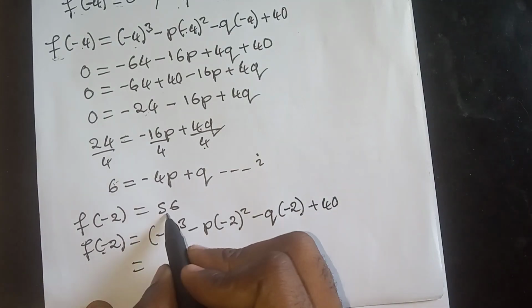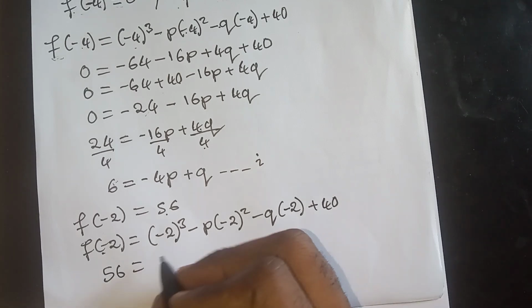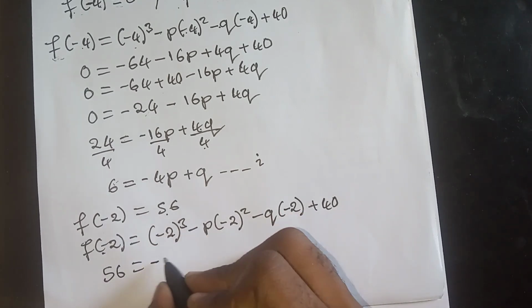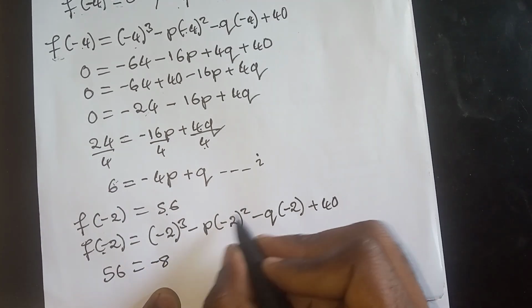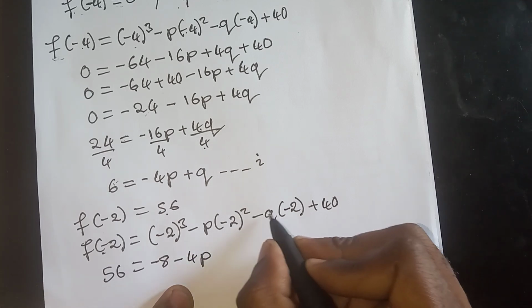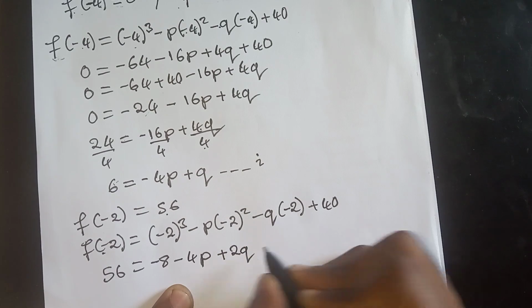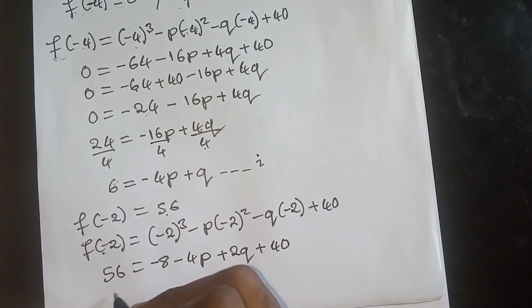So since this is equal to 56, you can as well put a 56 there. So now negative 2 to the power 3 is negative 8. Negative 2 squared is 4 multiplied by p, this will be negative 4p. Then negative q multiplied by negative 2 is positive 2q plus 40.